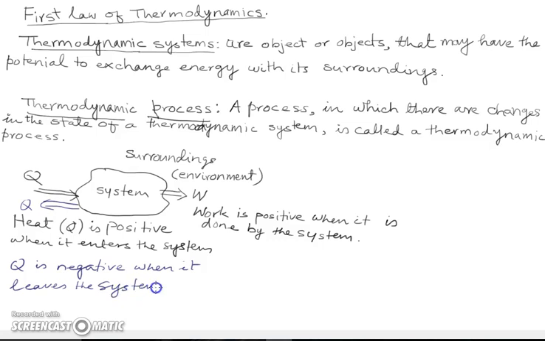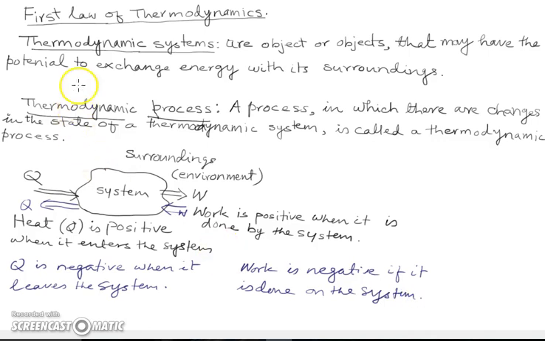I'm using another color. And when work is done on this system, let's say this is W, then work is negative if it is done on this system. Okay, so this is the sign convention we will use.